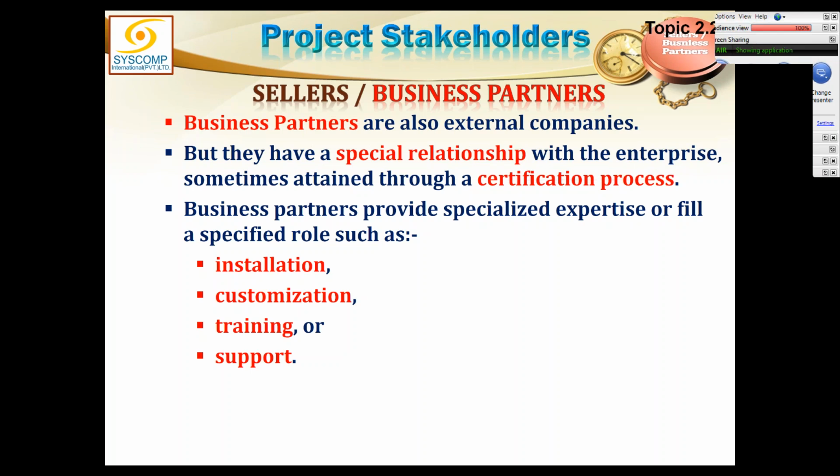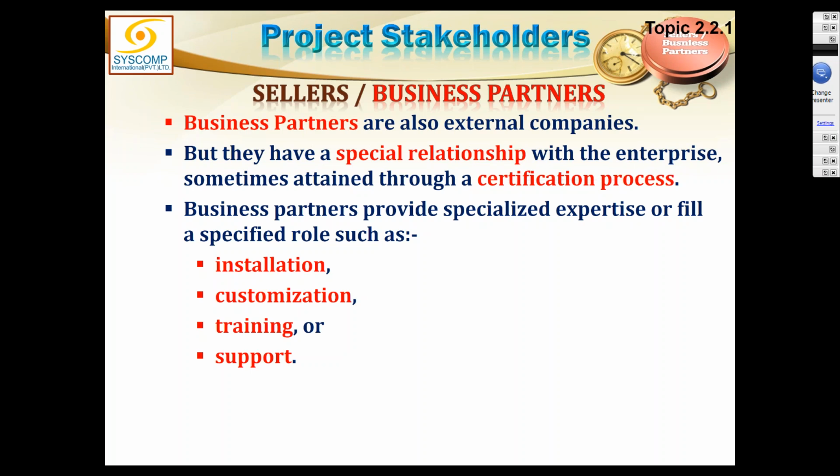What if the person with whom I'm getting into a relationship is actually having some kind of financial stakes or other kinds of stakes in my project? Maybe that person is my business partner. Then my success will be his success.